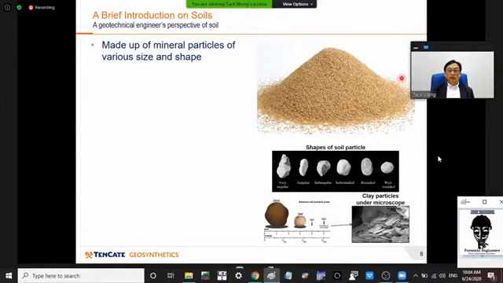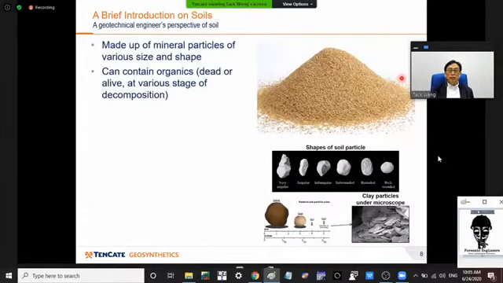It can be in the size of clay particles, which is of the order of 2 microns, up to sand and higher, like cobbles and gravels and so forth. And it can be also various shapes like rounded, oblong, sharp as well. It can contain organics, and this can be dead or alive. And when they are dead, it can be at various stages of decomposition. It has voids, which are either filled with air and or water.